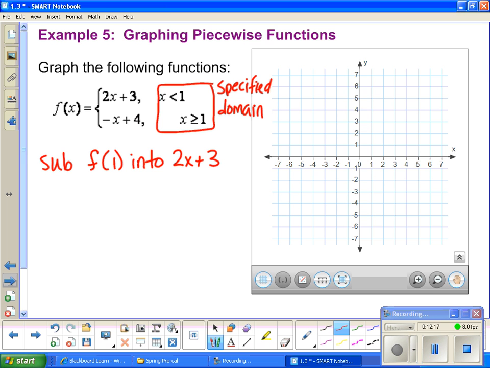I'm going to evaluate, I should say, not sub, F of 1 with the first equation.